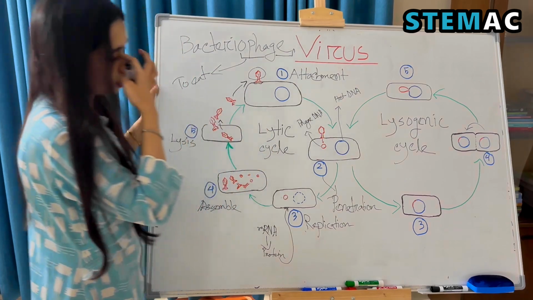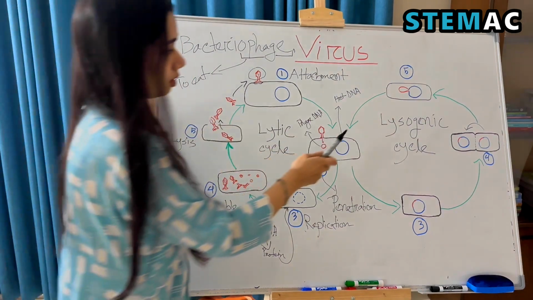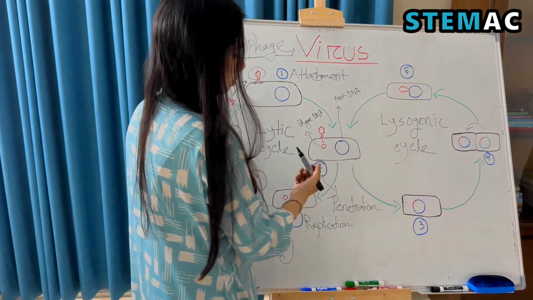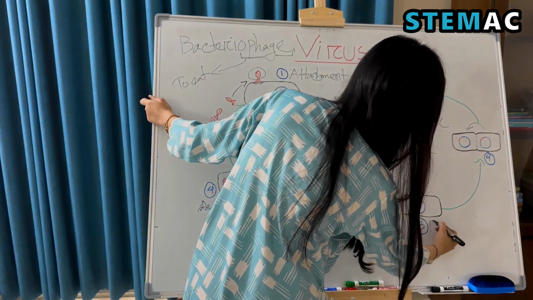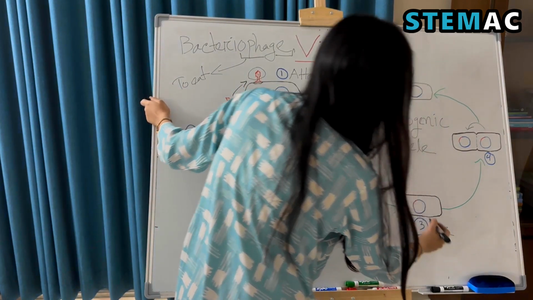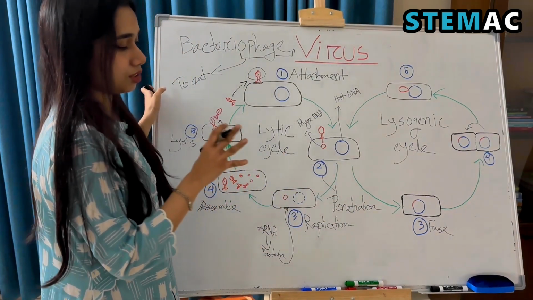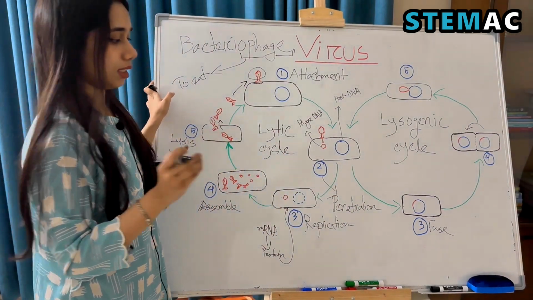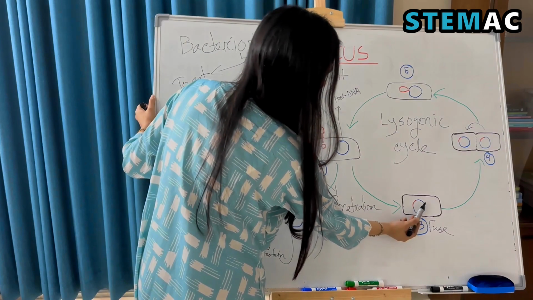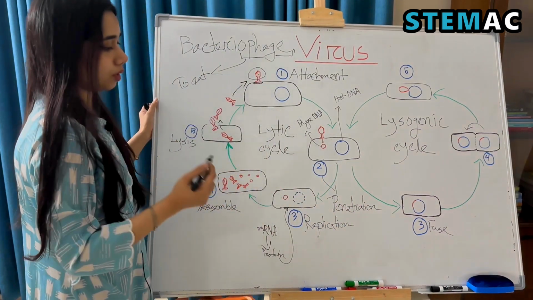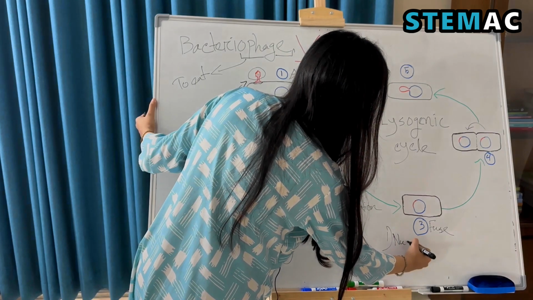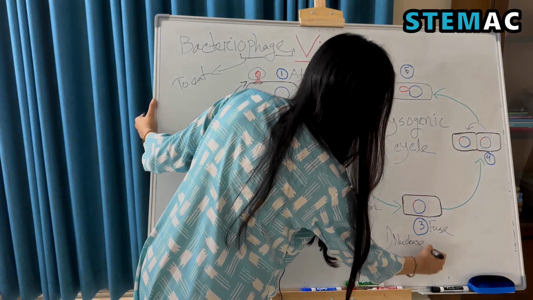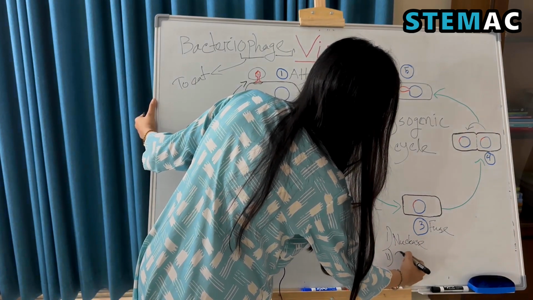And then the fun part comes, which is the third stage for the lysogenic cycle. In this stage, they will fuse their genetic material, or the phage DNA, with the bacterial DNA, and they will do that with the help of two enzymes, which are nuclease and integrase.